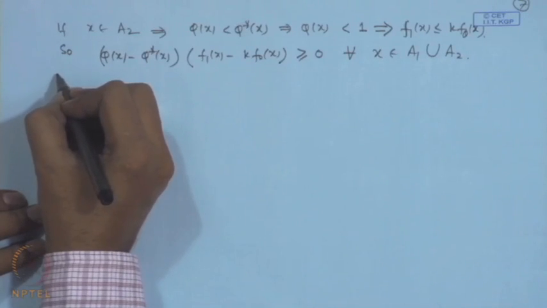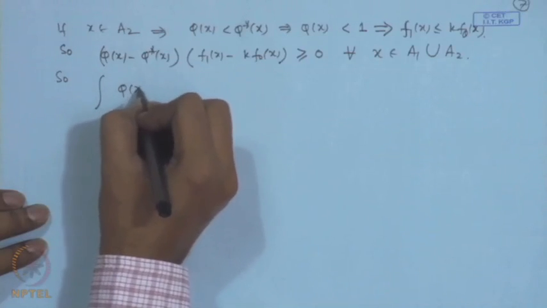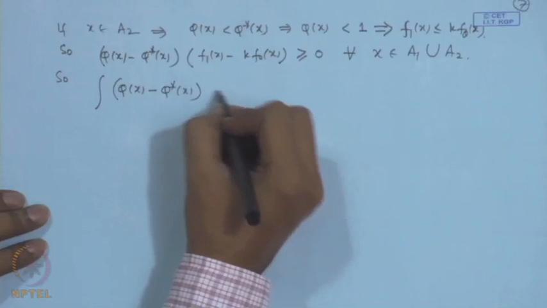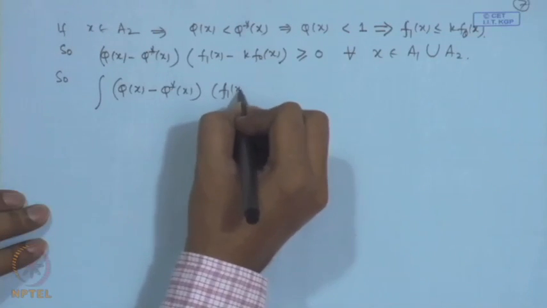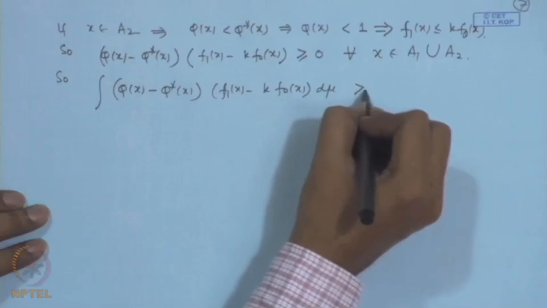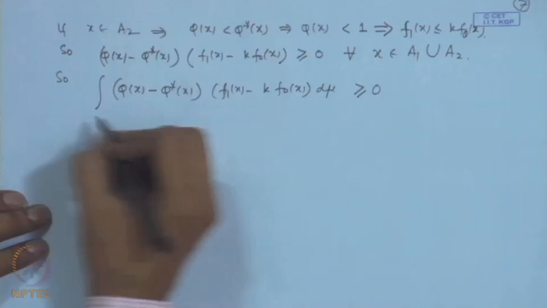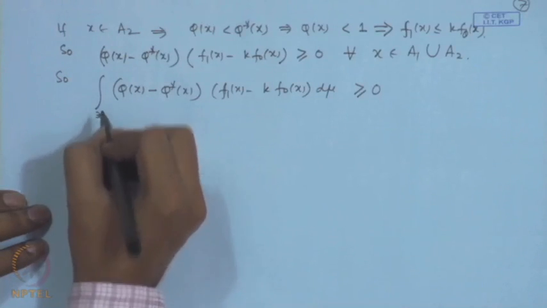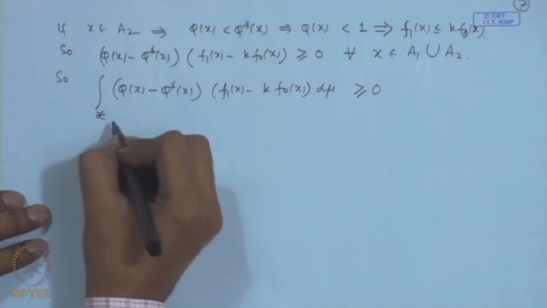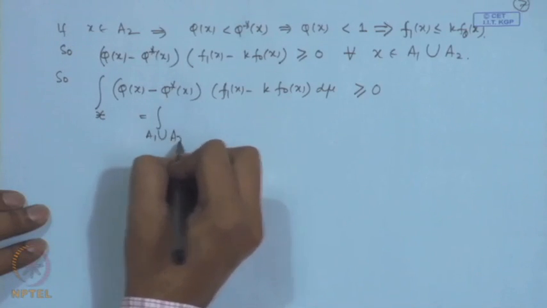Now, this implies that if I take the expectation or the integral of f1 x minus k times f naught x d mu, this will be greater than or equal to 0 over the whole space, but over the whole space it is same as over A1 union A2 of the same thing.